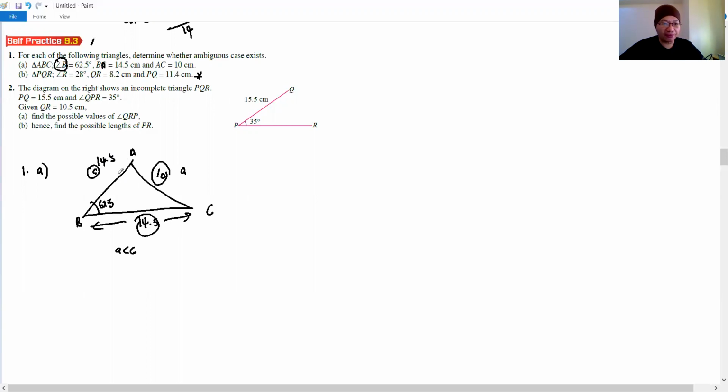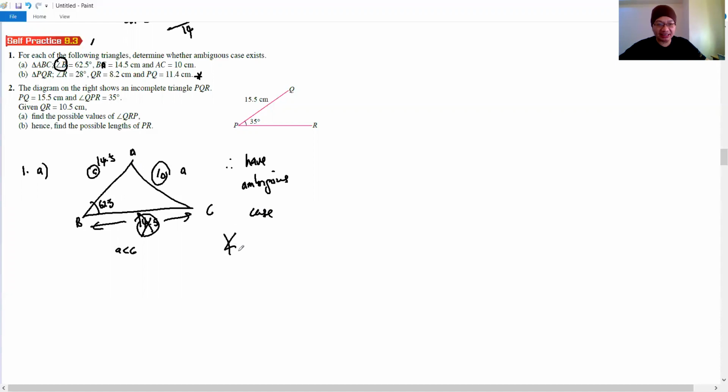If this one is BA 14.5, and AC is 10, and the acute angle is given, therefore this has an ambiguous case. Why?